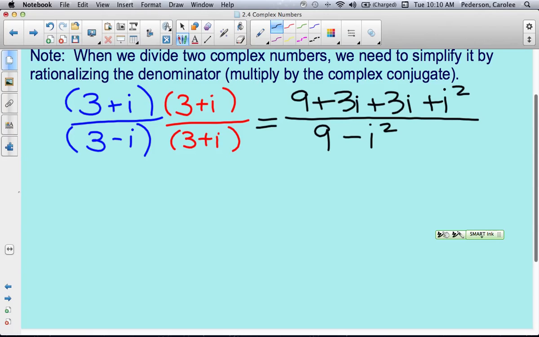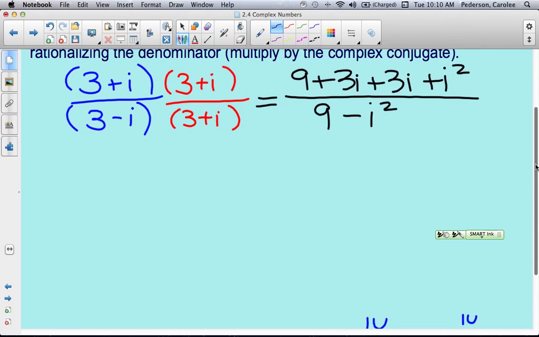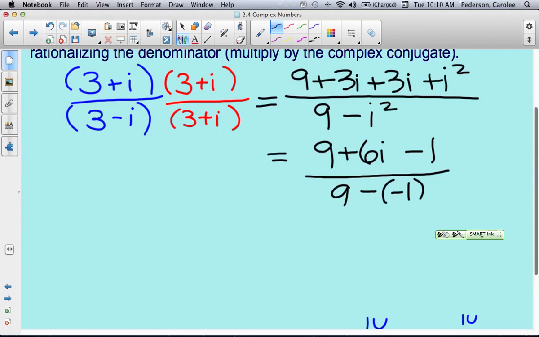First and last is all we need on that. Now let's reduce. Combine like terms in the numerator. 6i. What do I replace i squared with? Negative 1. Denominator. What do I replace negative i squared with? Negative 1, yep.